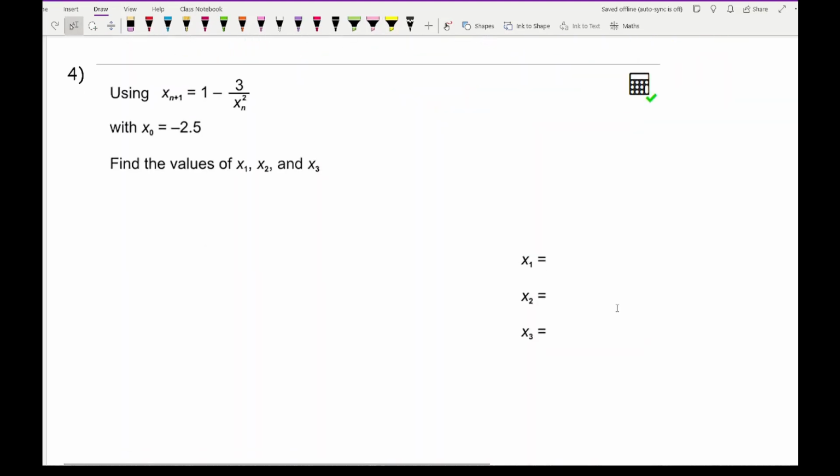Then moving on to our last example. So again, apologies if this has not come up clearly on the screen, but what it looks like is this. And we know that our x0 value is minus 2.5. So for part A, to find x1, now x and u are just the same, just using different letters.